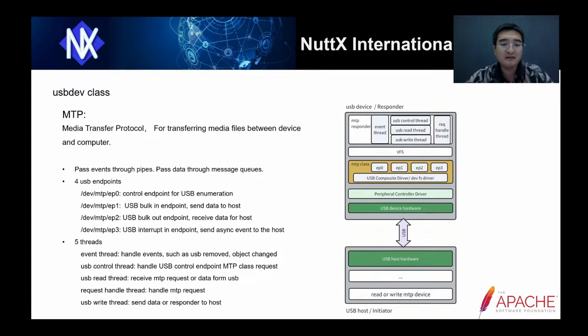USB control thread is used to process endpoint 0 class requests. USB read thread is used to receive commands or data from the host through the bulk-out endpoint.